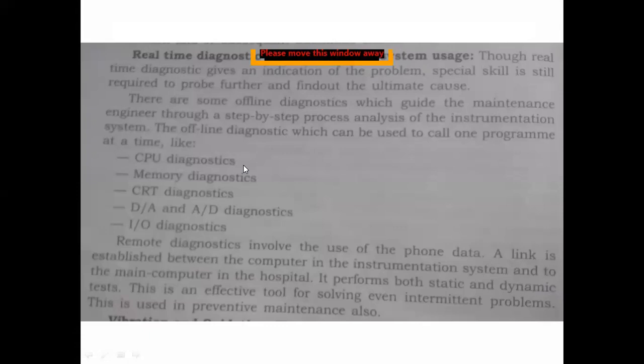For that we require some software program. By using that software program, we can diagnose each part of the computer. Here there is CPU diagnostics, memory diagnostics, and CRT diagnostics, whether the CRT is producing the proper functionality or not.